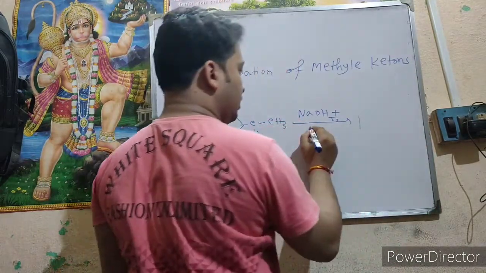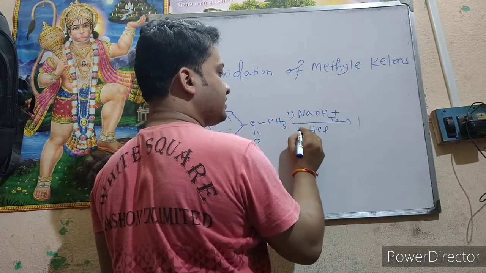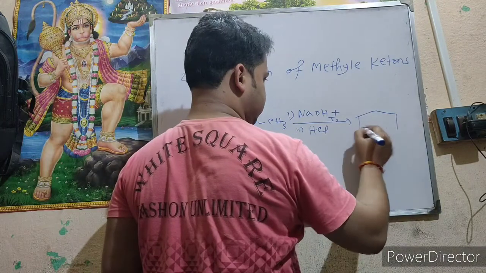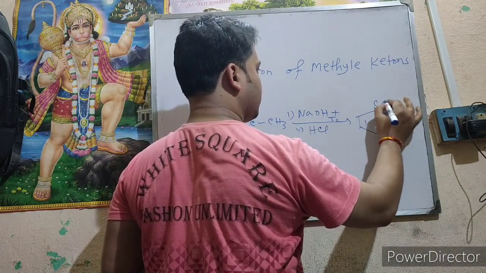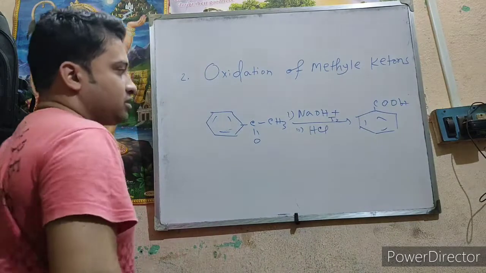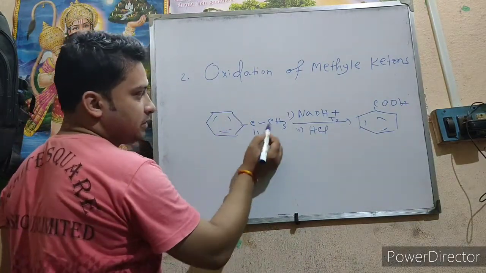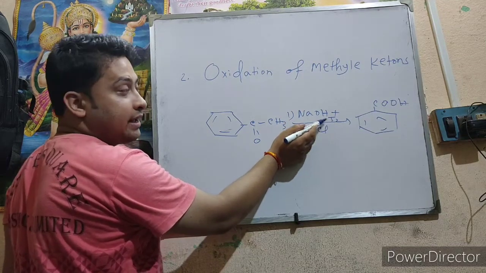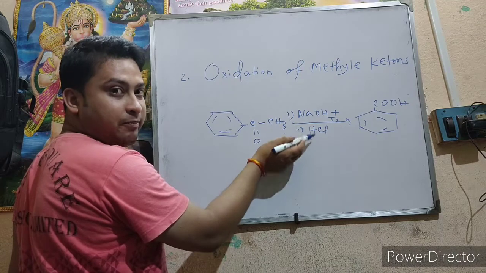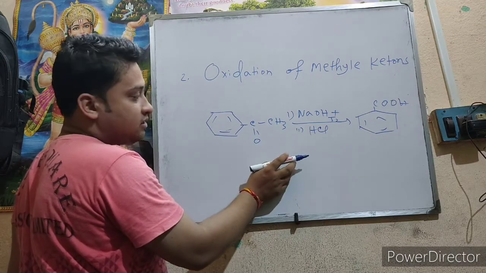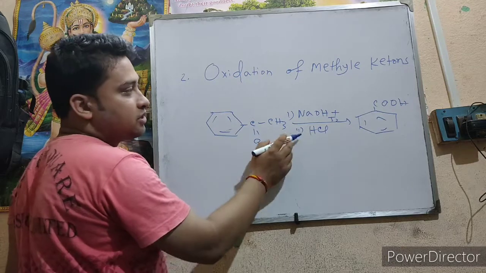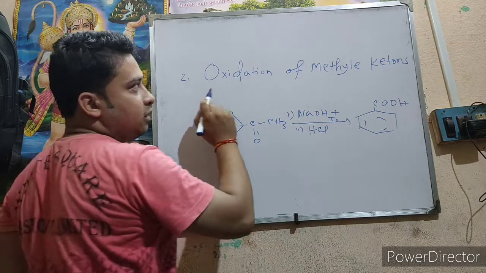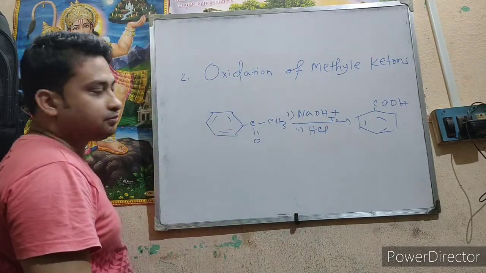First step and second step, acidification. We write two steps in one way. So you get benzoic acid. Hope you understand. You take this methyl ketone and react it with NaOH and I2, and then the second step is acidification. So after acidification, you get this product, benzoic acid. This is the oxidation of methyl ketone.